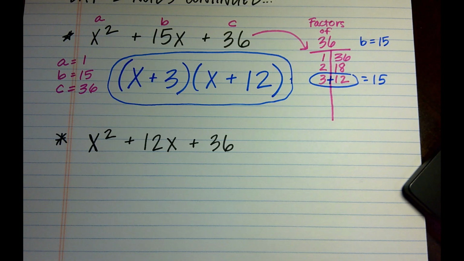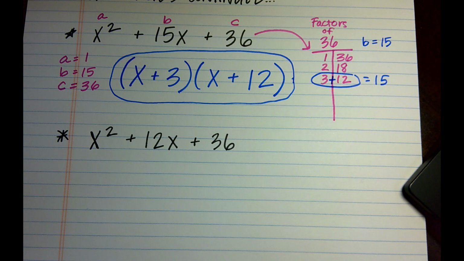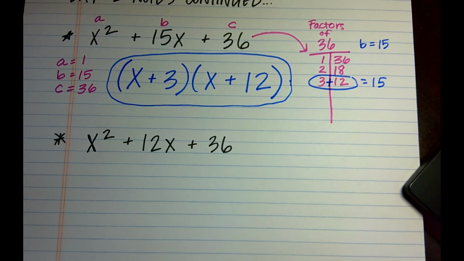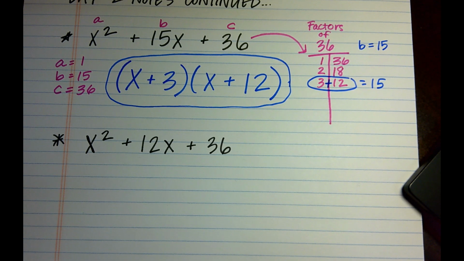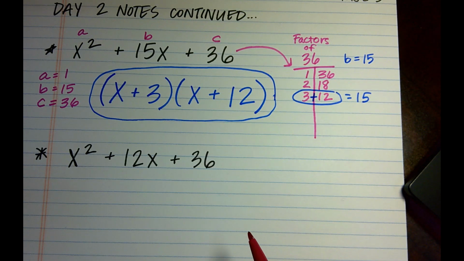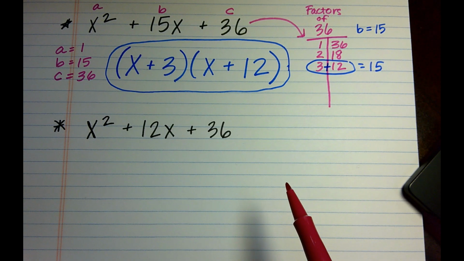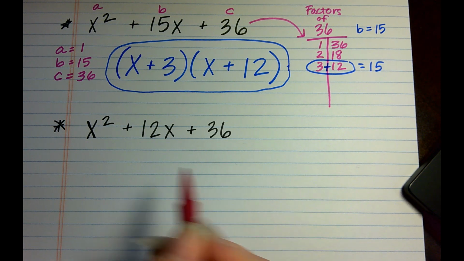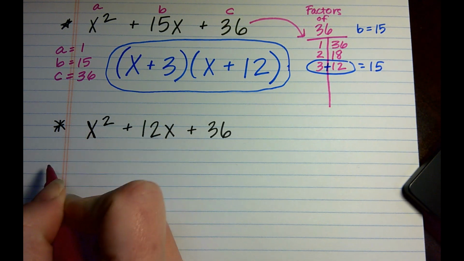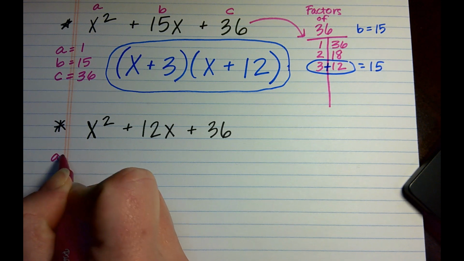Okay. All right. So you all should have those factor pair worksheets. If you tried this one, awesome. Let's do it. What should I do first? Yeah, that's ABC. Our A is 1.